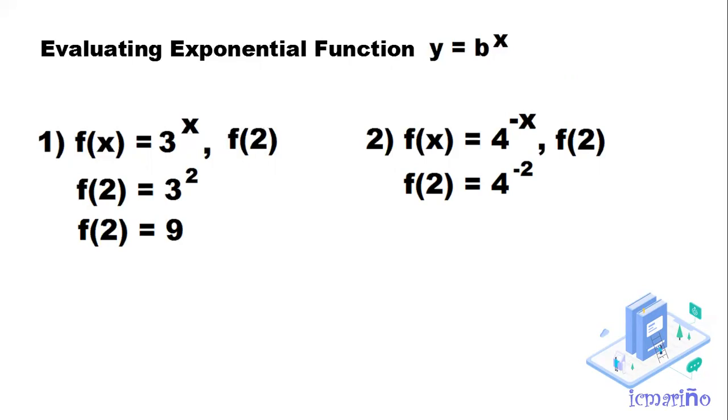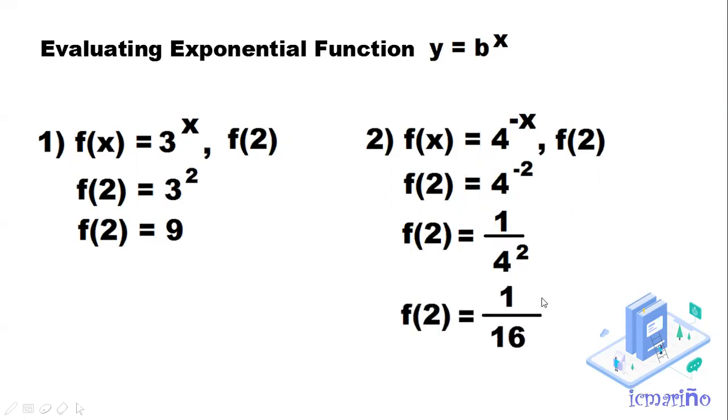We need to flip the base, or get the reciprocal of it, and then the exponent becomes positive. The reciprocal of 4 is 1/4, and the exponent becomes positive. So f of 2 is equal to 1 over 4 raised to the second power, which is equal to 1 over 16.